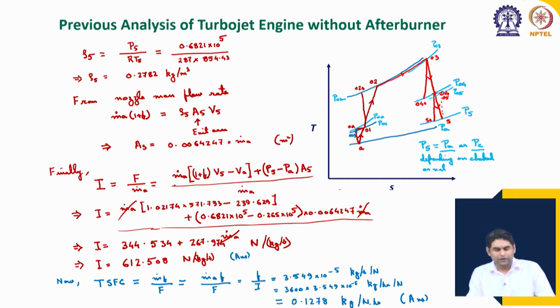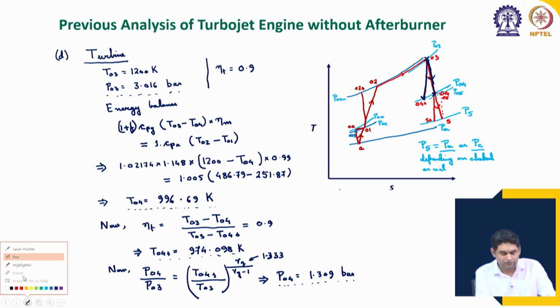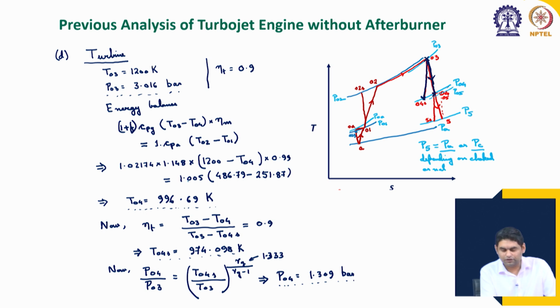Remember the exit condition from the turbine. The turbine exit temperature previously was derived as 996.69 Kelvin.